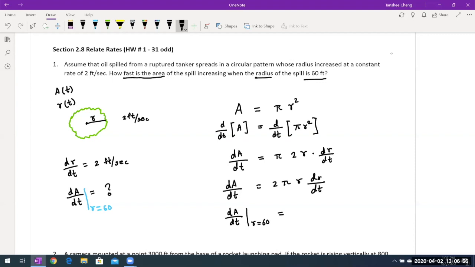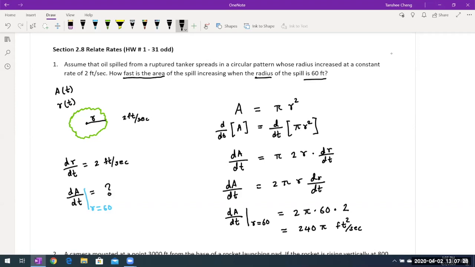This gives me 2 times pi times 60 times dr/dt, and we already know the rate of change of the radius, which is given, is 2 feet per second. So when I multiply everything out, this becomes 240 pi, and since this is the rate of change in area, the units are feet squared per second.